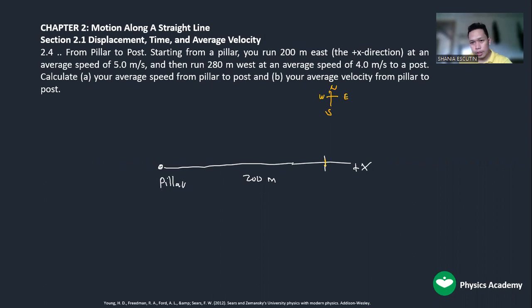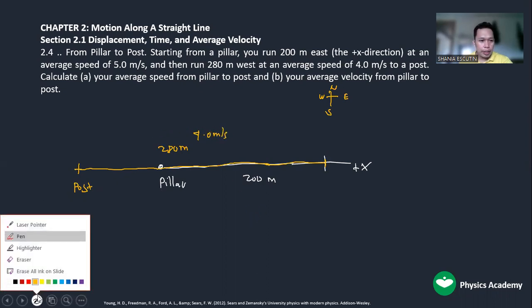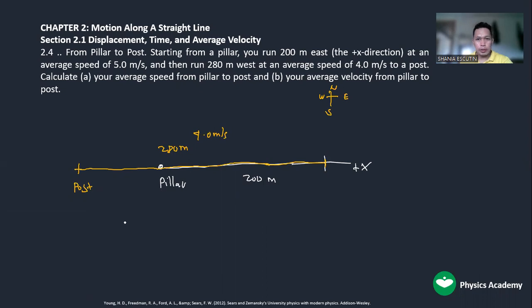From this position you run west, and here is the post. You run about 280 meters, and your speed is 4.0 meters per second. Your average speed on the first leg is 5.0 meters per second.